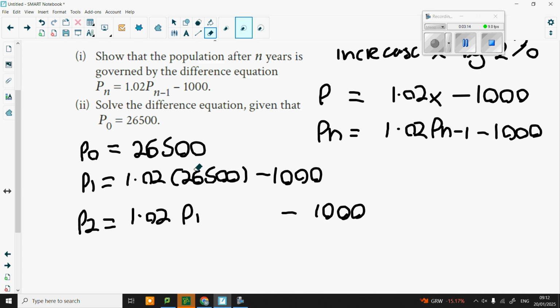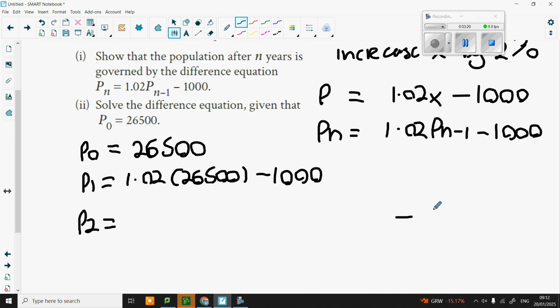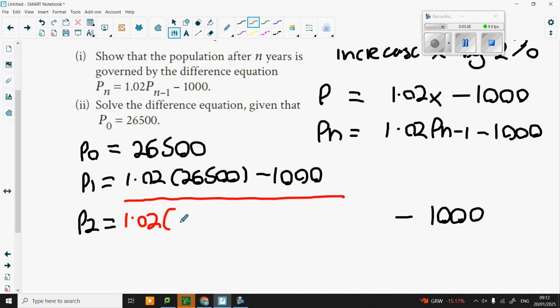And what is P1? Yeah, so I'll bring that 1,000 all the way over here, okay? So look at this. It's going to be 1.02 times all the red bit. So it's 1.02 times another 1.02 times 26,500, minus 1,000, yeah? Okay with that?